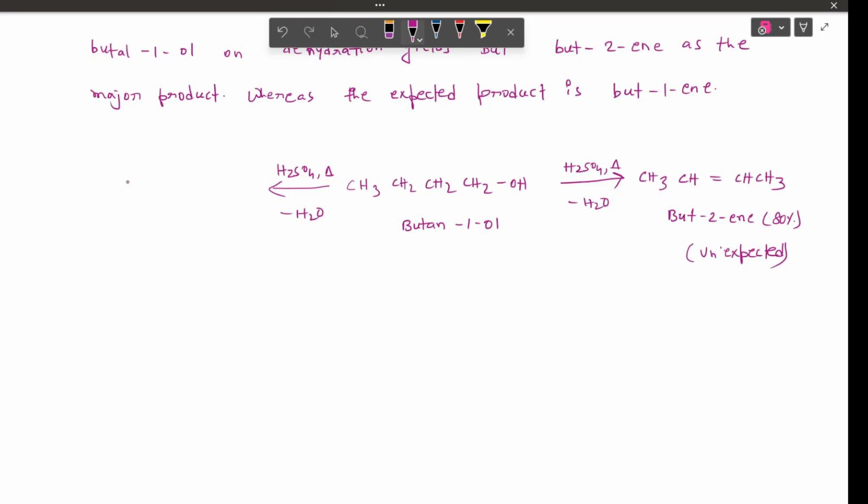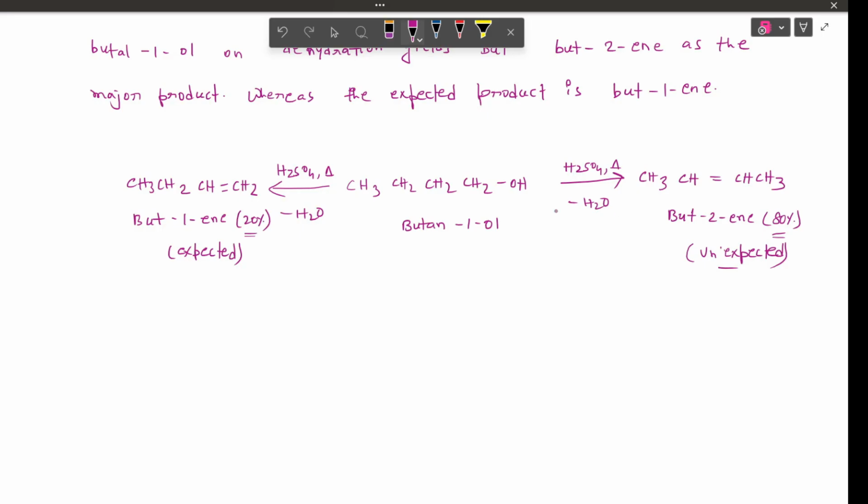Our expected product is CH3, CH2, CH, double bond CH2. This is your but-1-ene. This is 20% only. This is our expected product. See, our expected product forms only 20%, but 80% of but-2-ene is formed, and this is unexpected.